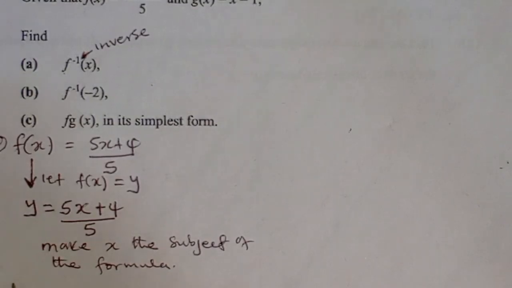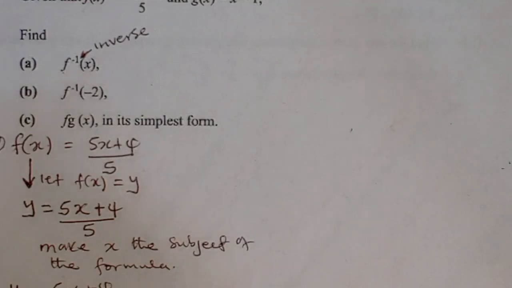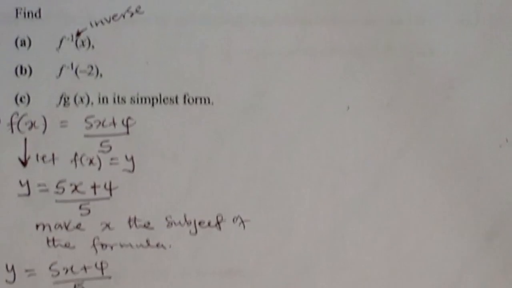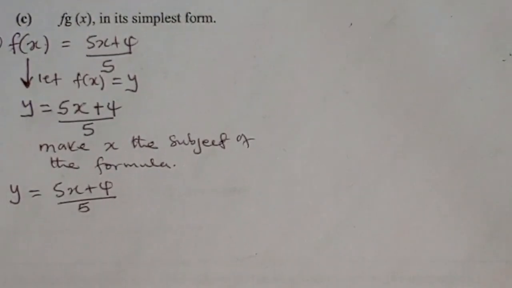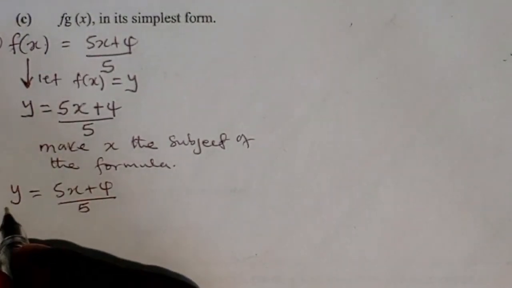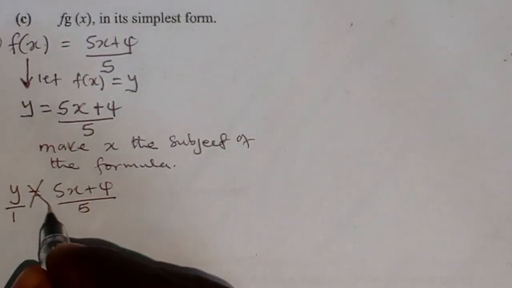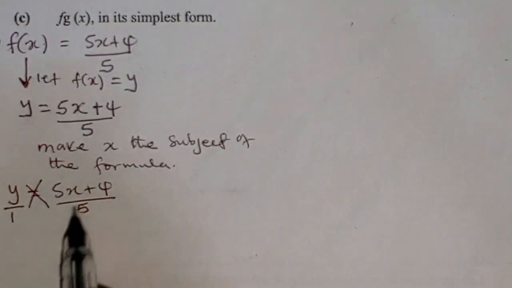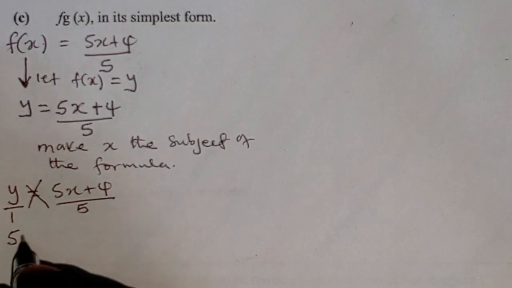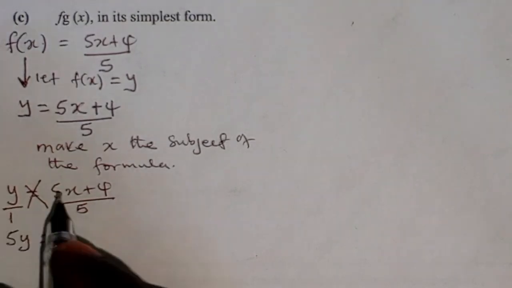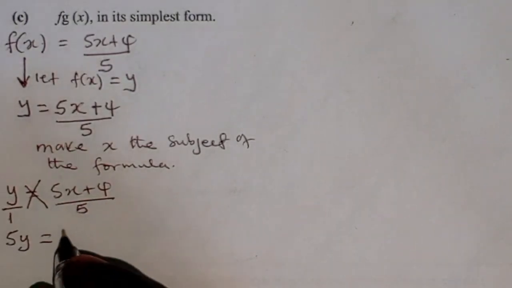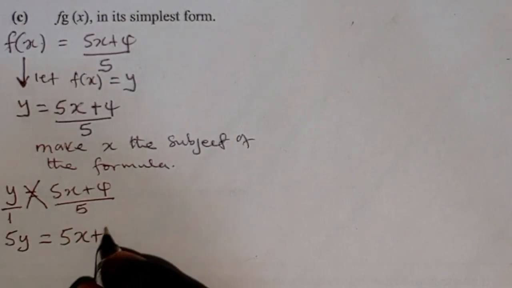So we have y equals (5x plus 4) over 5. There we can cross multiply: y times 5, that is 5y. 1 times (5x plus 4) is 5x plus 4.